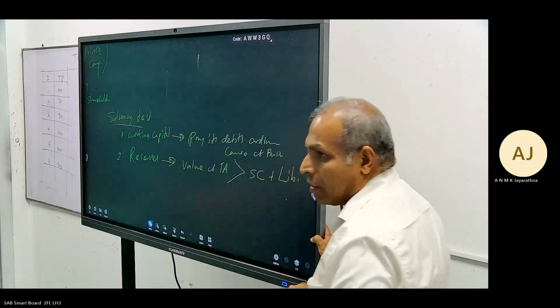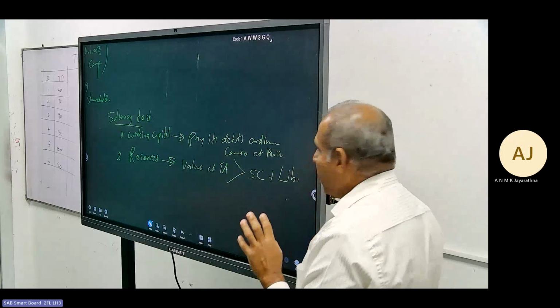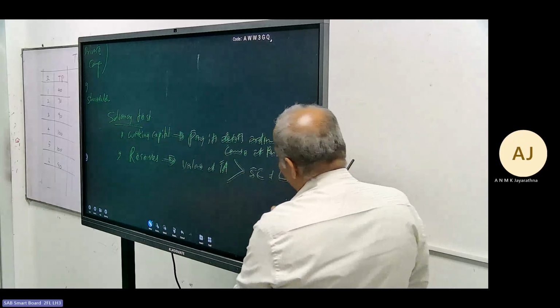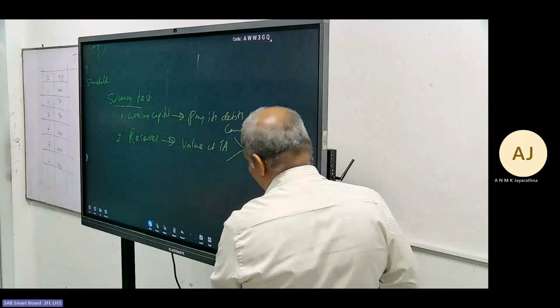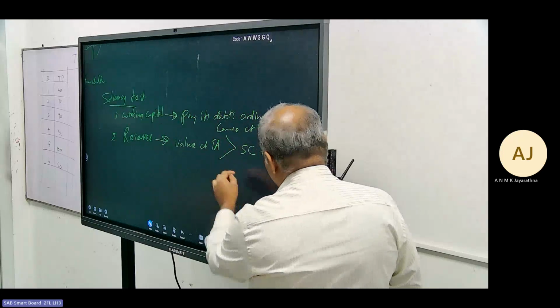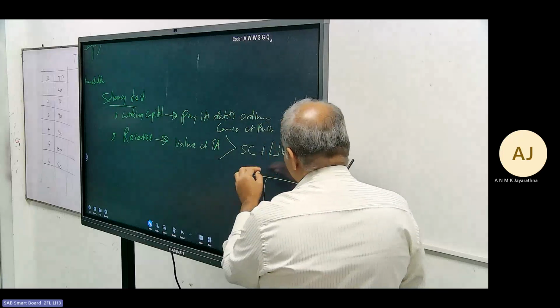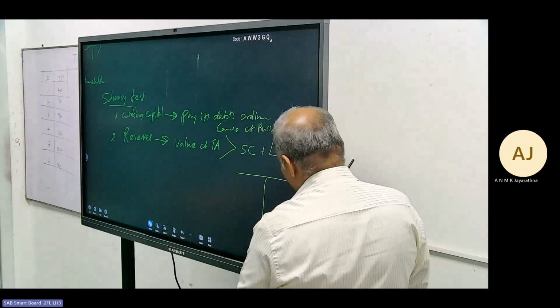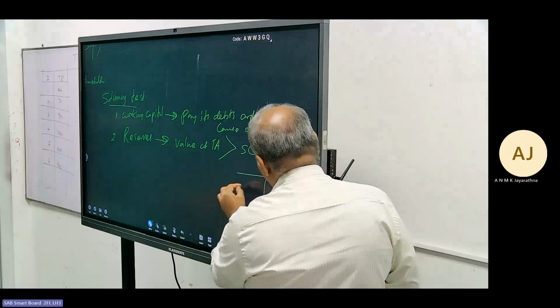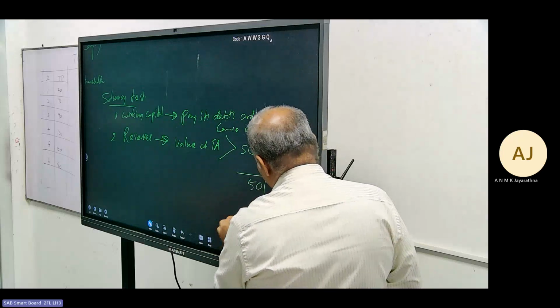So the total value of the total assets must be greater than stated capital plus liability. Now, suppose this is the balance sheet: total assets 100, stated capital 50, liabilities 30.